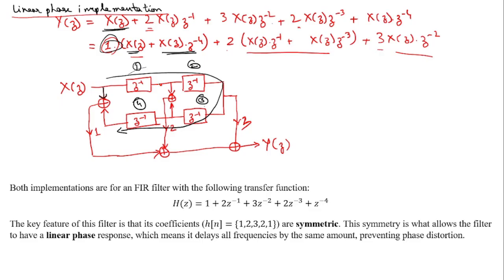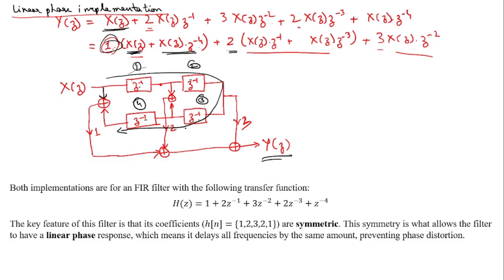Then after two delays, you are getting this one and everything now. And then you get the output. Are you getting my point? So 1 is multiplied by x(z) and x(z) delayed by 4 times. 1, 2, 3, 4, 4 times delays. It is getting added up.